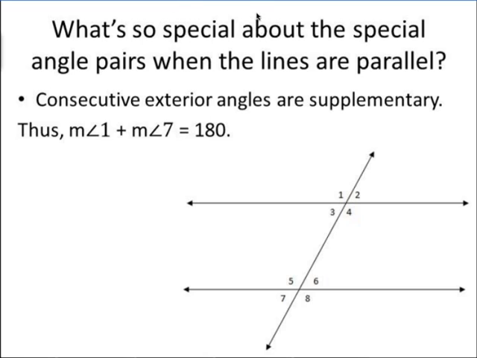Consecutive exterior angles, again remembering the key things: the lines have to be parallel, and remembering what consecutive interior or exterior are. 1 and 7 also add up to 180.